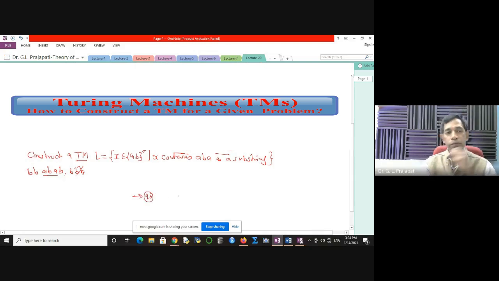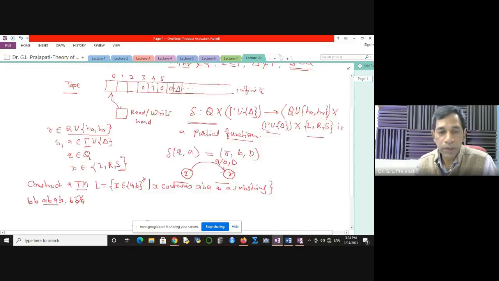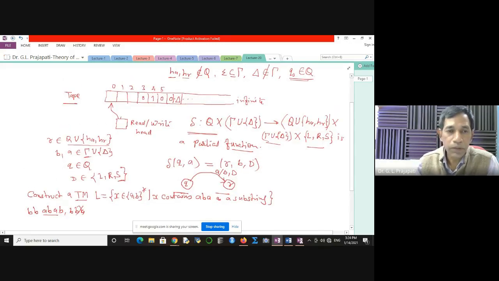And you know that we have the configuration in the Turing machine. In the last class, I discussed the configuration of your Turing machine. Once you have the tape, this tape is acting as the input as well as the output device. At the beginning, your input is stored in this tape, and at square 0 we have the blank symbol and the tape head is scanning the blank symbol.